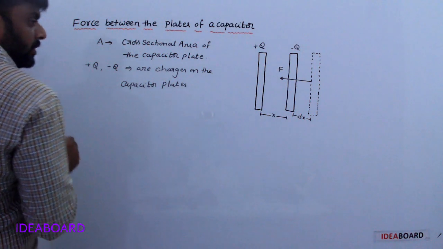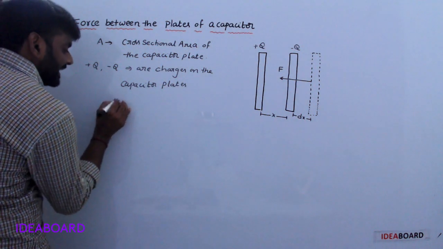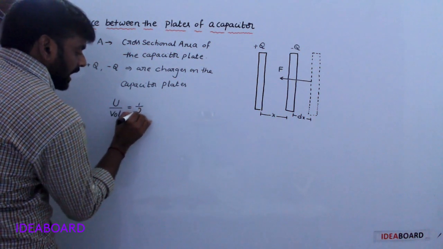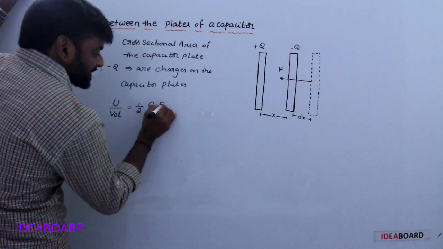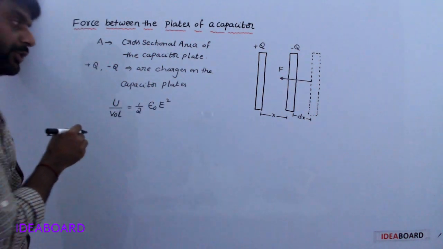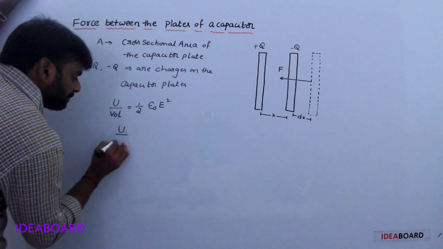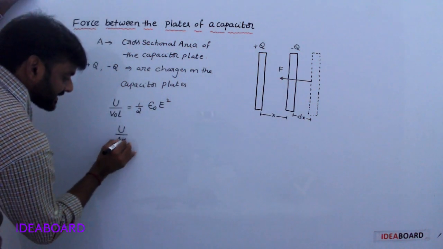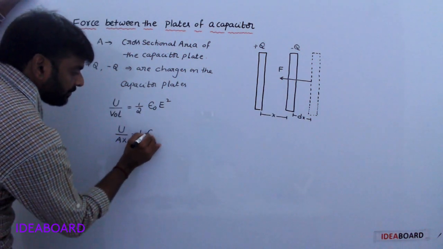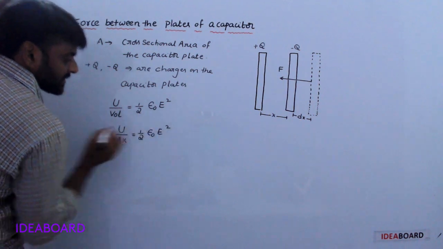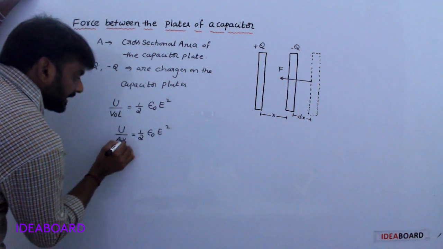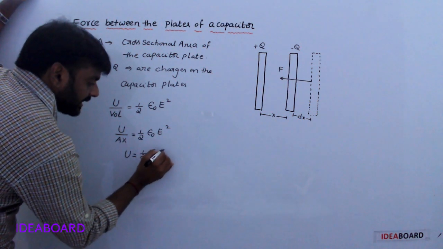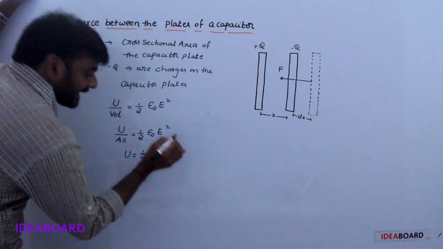Already we know energy density, energy per unit volume, is half epsilon naught E square. Volume, in this case, is area into separating distance x. So U is equal to half epsilon naught E square A x.